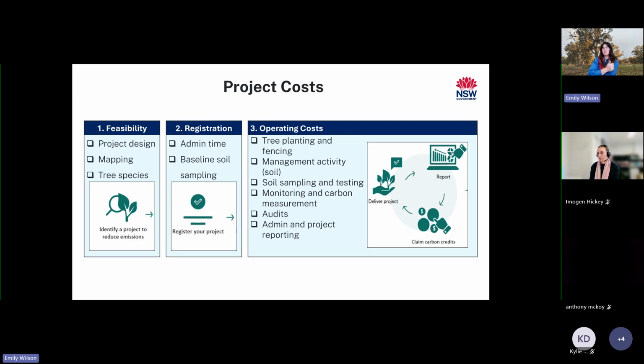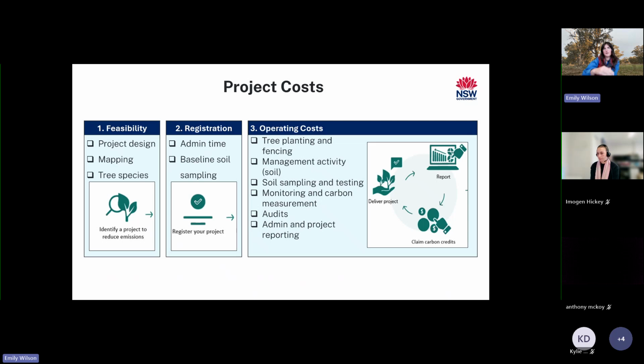So that might be going out and planting your trees and doing the fencing, starting to do your management activity for soil projects. Then it's those ongoing costs: re-sampling all the soil and getting it tested, the monitoring and carbon measurement side of things, the audits you have to have as part of the project, and then the admin and project reporting.